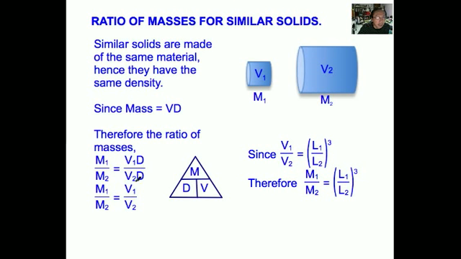Since the density is the same, we can cancel it away, giving us m1 over m2 equals V1 over V2. That is, the ratio of masses is equal to the ratio of volumes for similar solids. And since the ratio of volumes is the ratio of lengths cubed, therefore the ratio of masses is also equal to the ratio of lengths cubed.